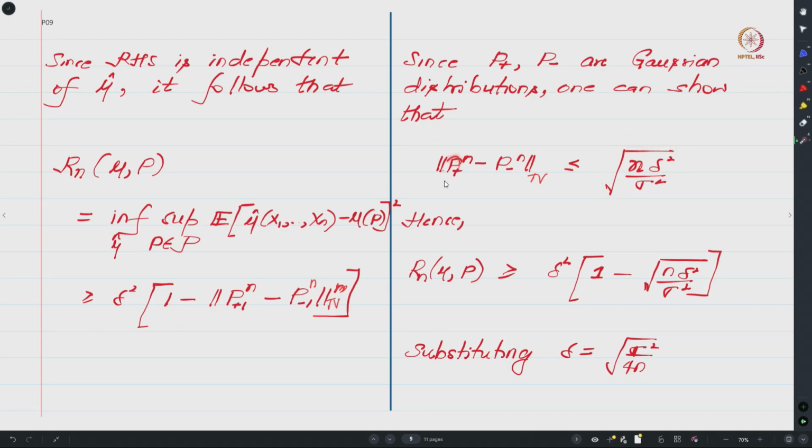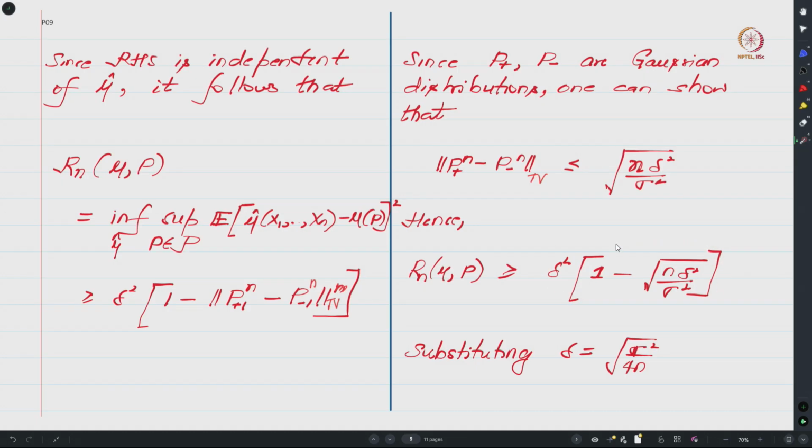So recall that P plus 1 and P minus 1 are basically the distributions with means plus delta and minus delta. So using that fact and using the fact that they are Gaussian, one can show that the total variation distance is actually upper bounded by square root of n delta square over sigma square, right, and hence one can see that the minimax risk that is associated with the mean estimation problem is lower bounded by this quantity over here.